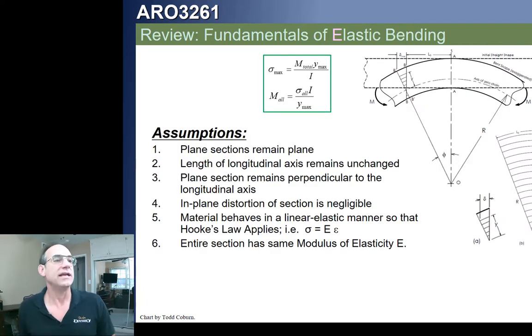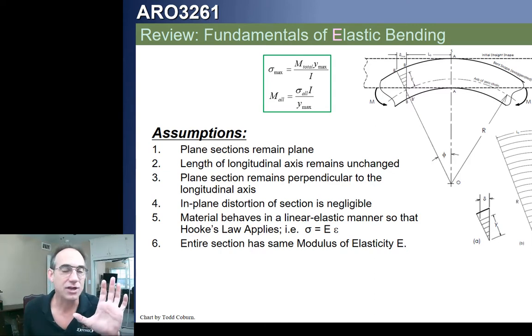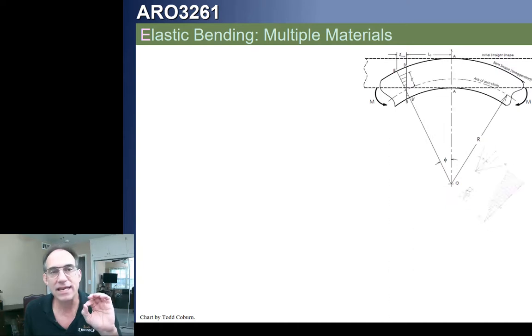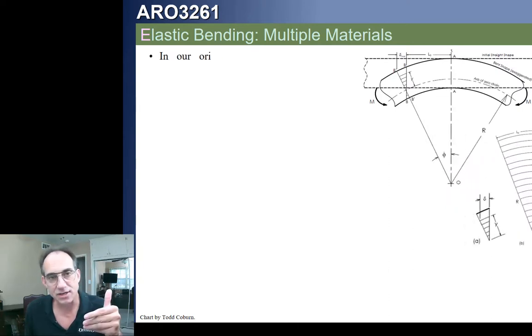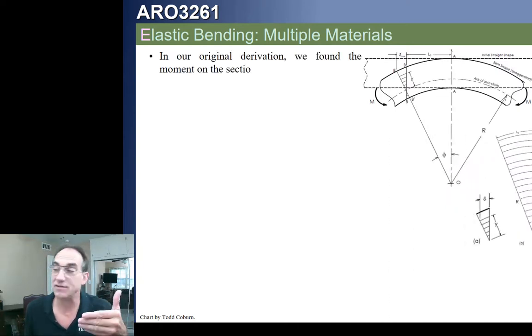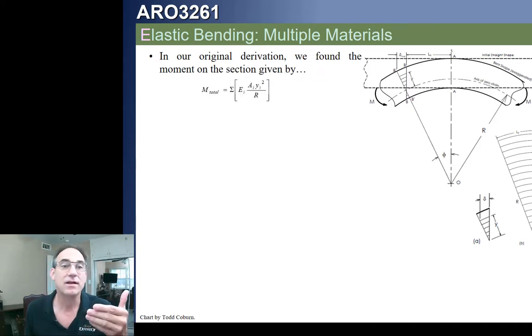Now, these were our assumptions for that, and now what we're going to do is look at if our E is not constant. If our E is not constant throughout the section, typically meaning we have different materials, and sometimes meaning we have gone into the inelastic range, then we're going to follow that same derivation until we get to this equation here.